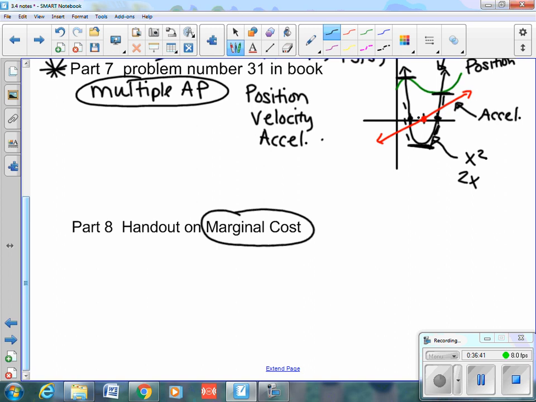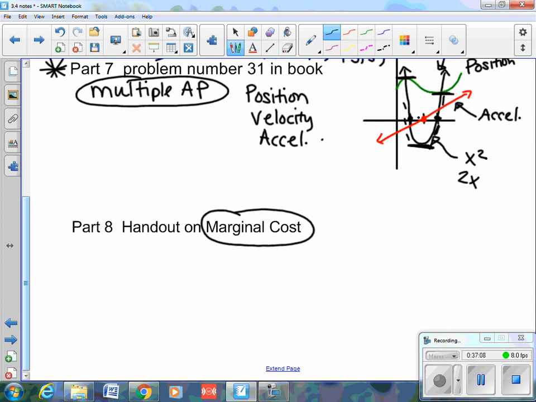Business majors in college need to work with marginal cost and marginal revenue, which is the rate of change for business majors. For some reason, I think this is on the AP test, which deals with marginal cost, which is outside of my box because I'm teaching more towards an engineer major and not a business major. So, how do you deal with marginal cost and marginal revenue?